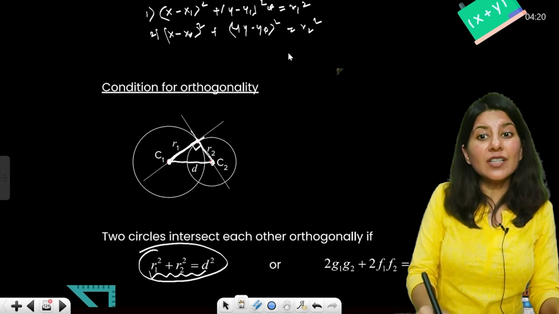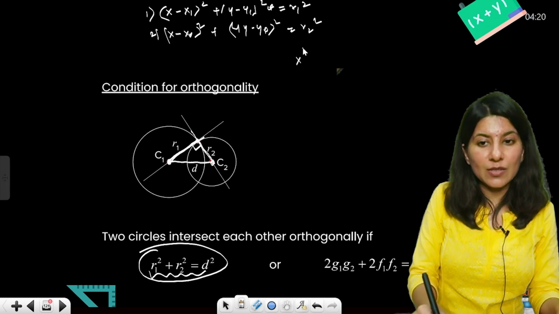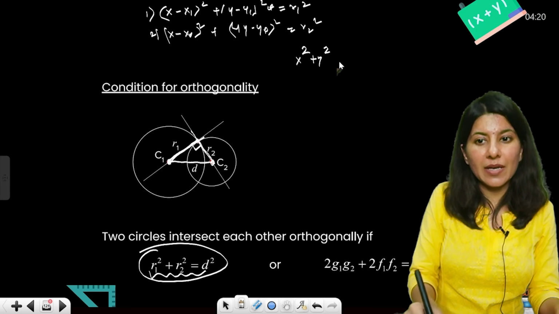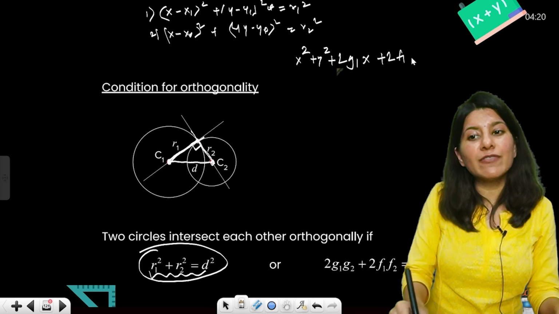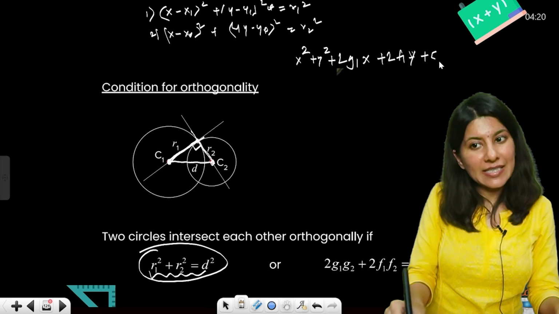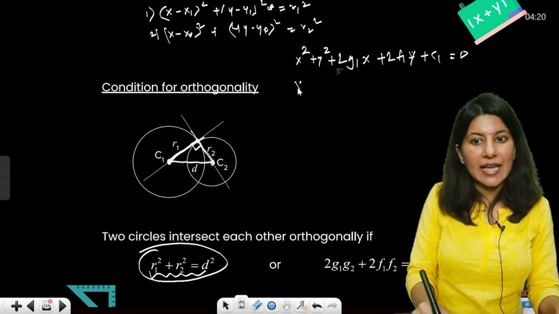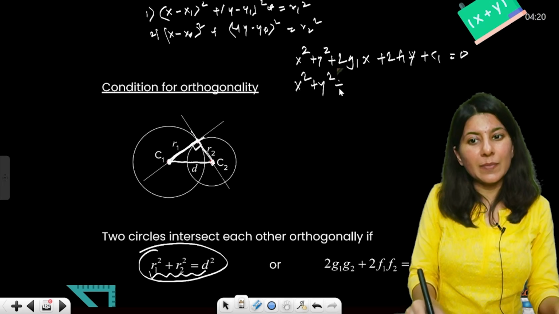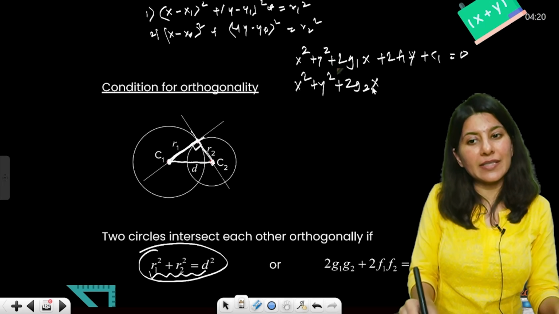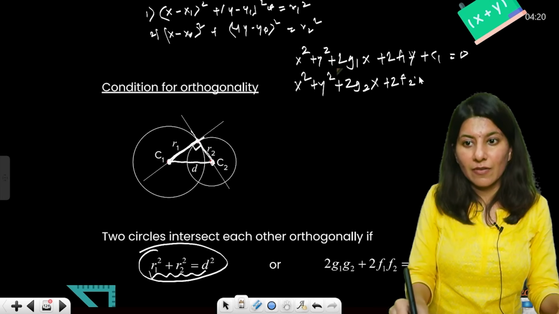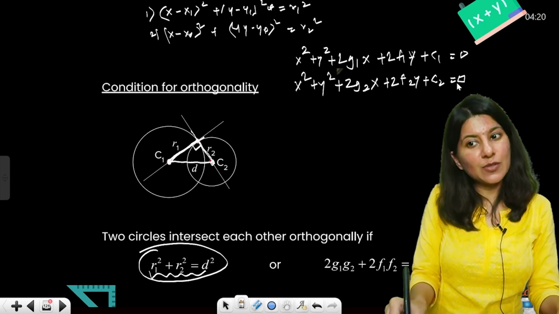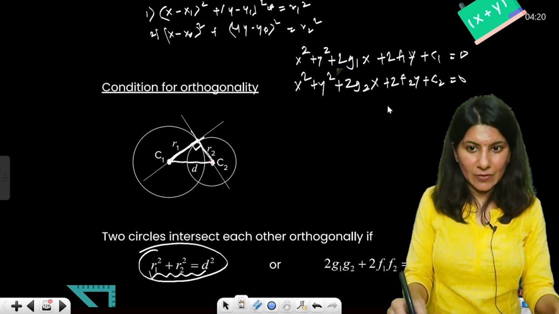And now if the circles are given in this form, x square plus y square plus 2g1x plus 2f1y plus c1 equals 0. x square plus y square plus 2g2x plus 2f2y plus c2 equals 0. This is your second circle, right?